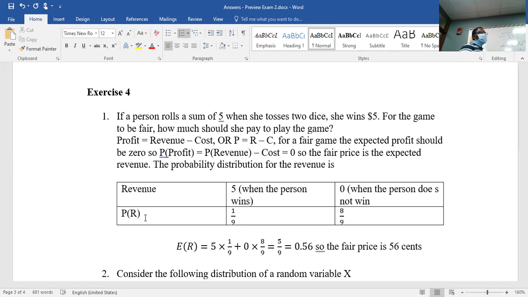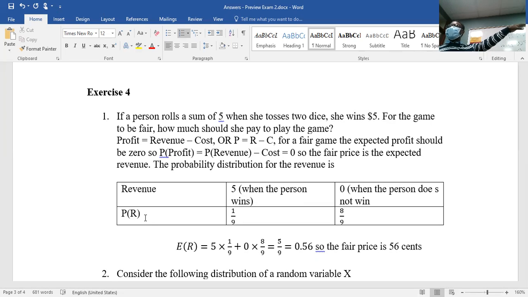And we should remember that a game is fair if the expected profit is 0. So if the expected profit is 0, then the fair price, the expected cost, is the expected revenue. So I just explained that.